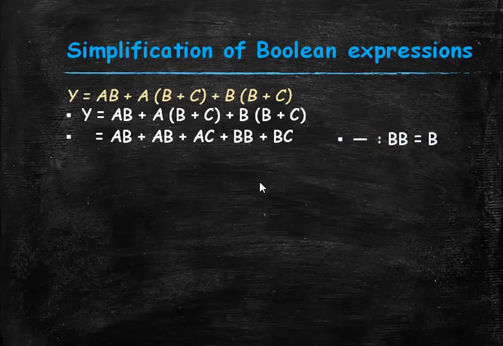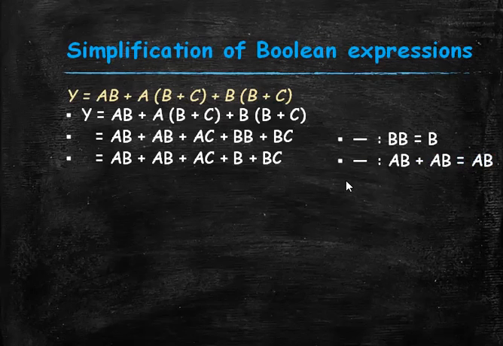We know that BB, the fourth term, is equal to B, and also we know that AB + AB must be equal to AB. Then AB + AB is replaced by only one AB, then AB + AC + B + BC.